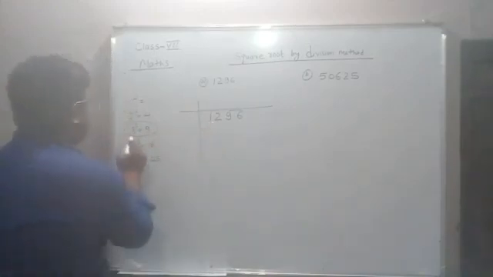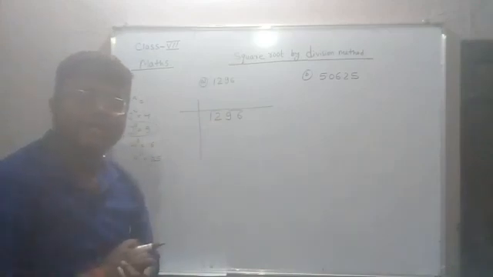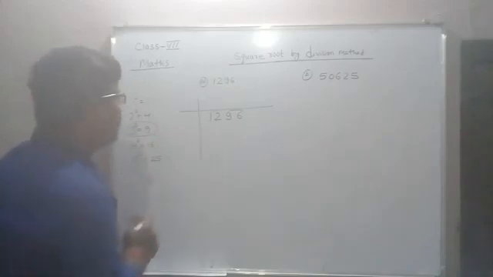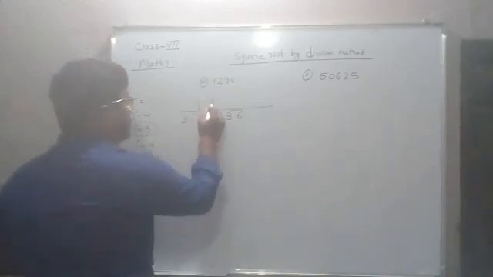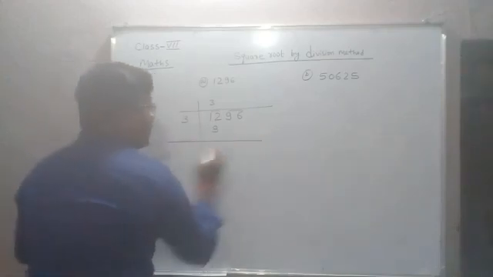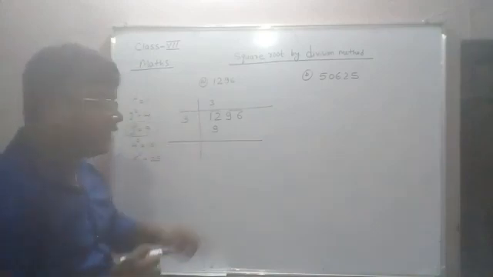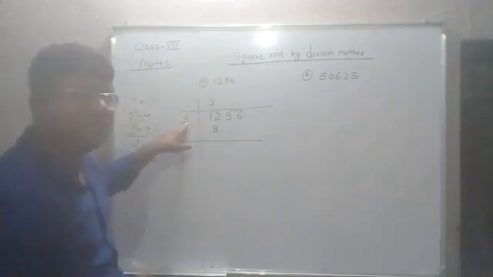So we will take 3, because the square of 3 is 9 and 9 is closer to 12. Here 3 threes are 9. One more thing to remember: this is just like division, and 3 is the divisor.